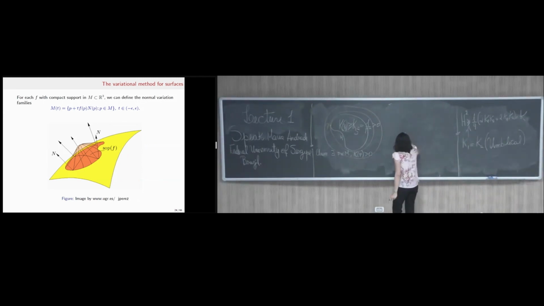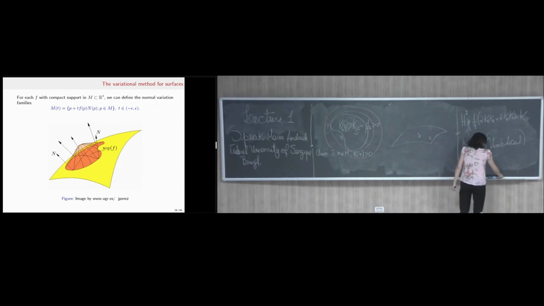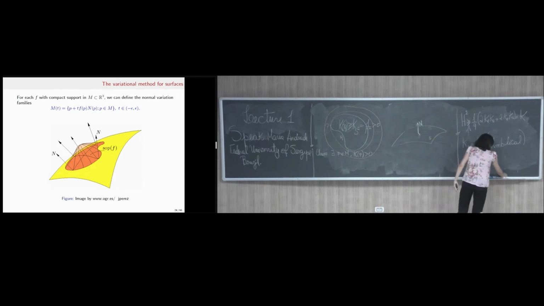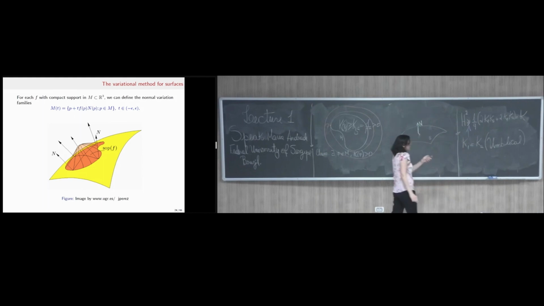You have here a surface, and at each point on the surface, you can define the normal vector. And you can move the surface and make some variation of the surface, characterized here like this definition.